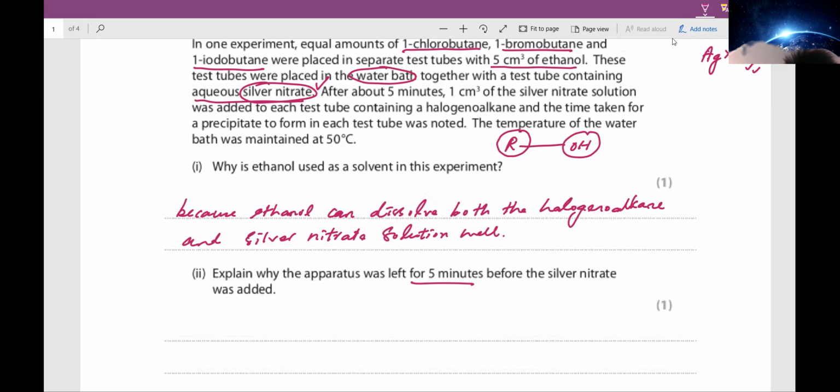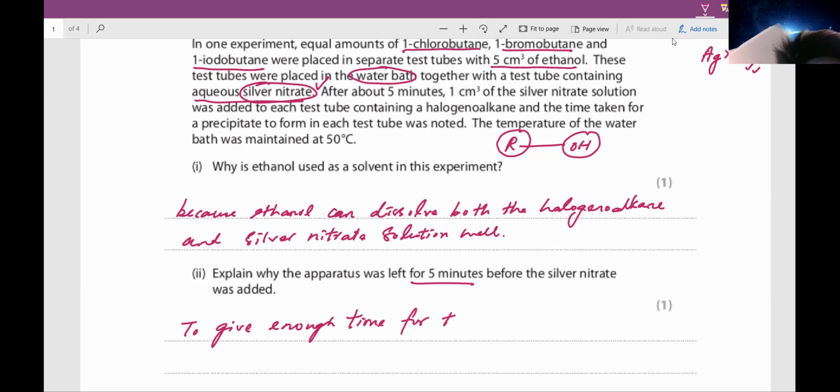Do you understand what I'm saying? For example, if you set the water bath to, let's say, 50 degrees, then you need to give some time for the reaction mixture inside to reach 50 degrees before you start the reaction, because that is why you use a water bath, right?